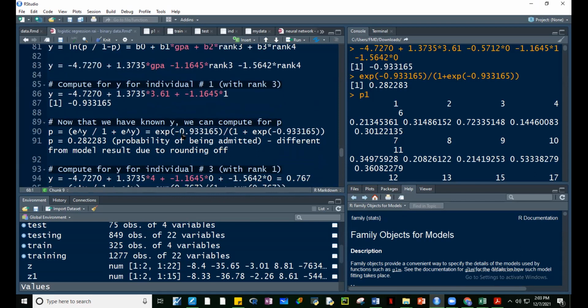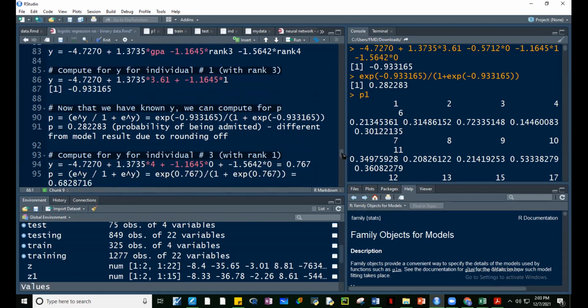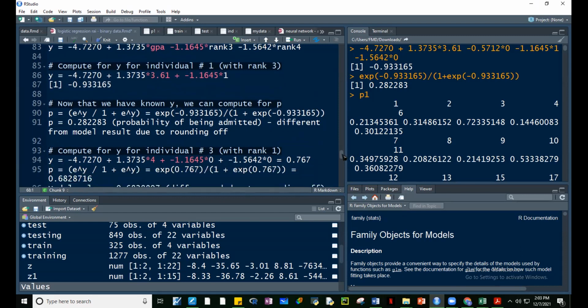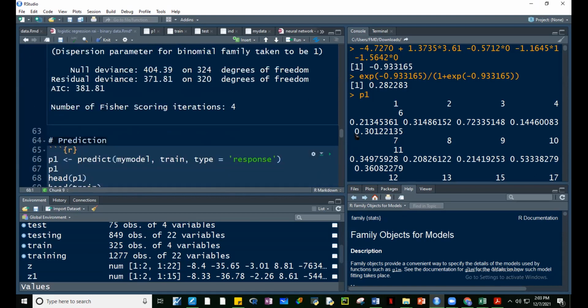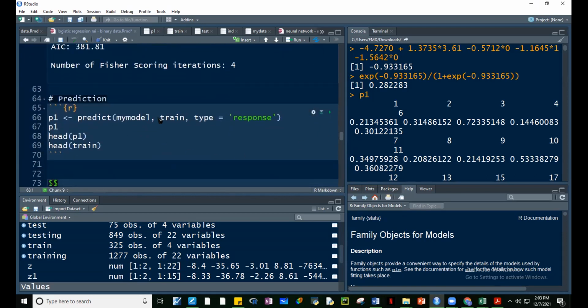Oh, ito din, 28223. Bakit iba? P1, predict my model using the trained data, type is equal to response. Okay, let's see. First value in my P1. Oh, bakit sa inyo yung P1 2822? Okay, thank you, Masahiko. So sa P1 ni Masahiko, 2822.